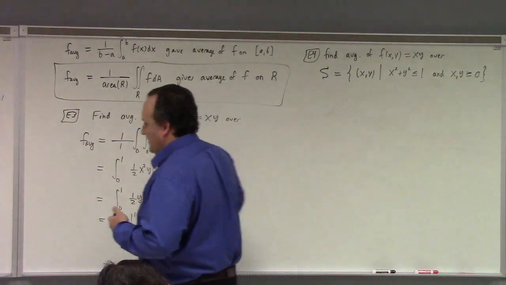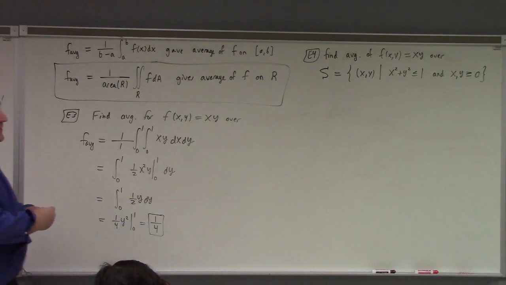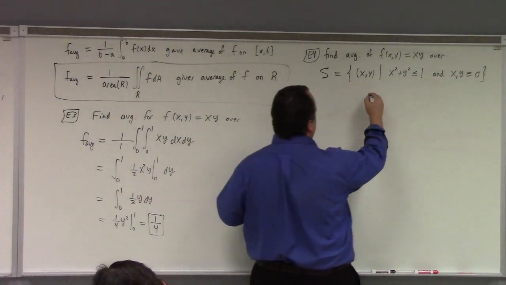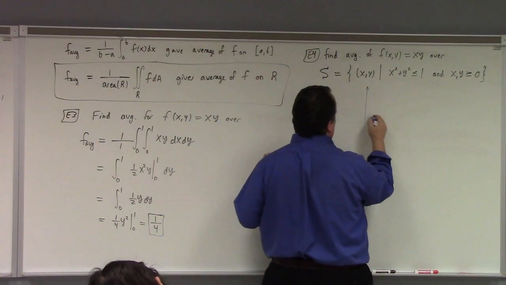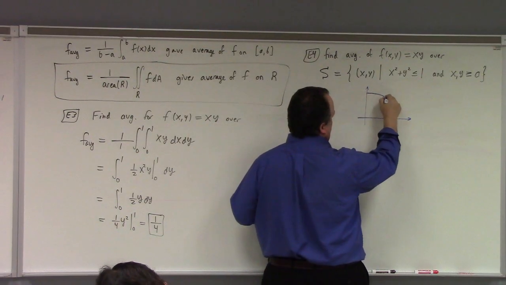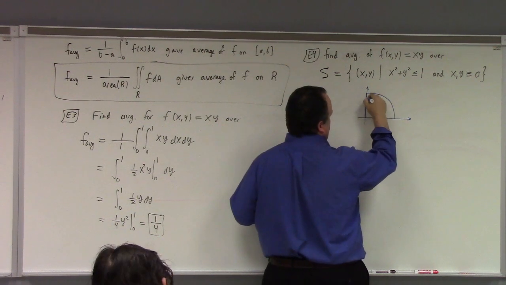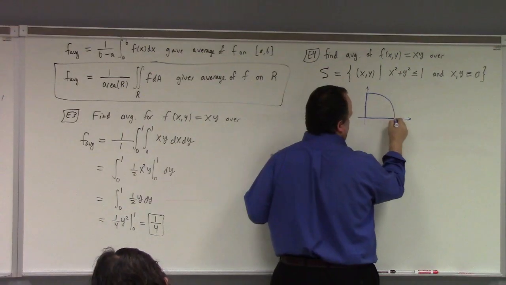Now we need a description of S that's like the thing I just erased, right? Can we draw a picture? Like this, right? So I'm telling you x is non-negative, y is non-negative.